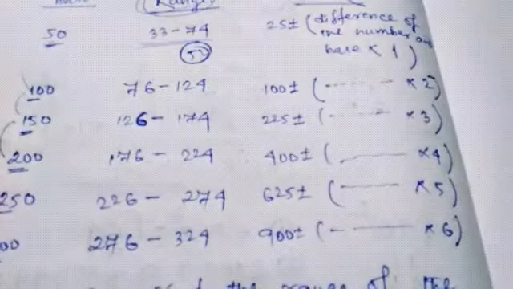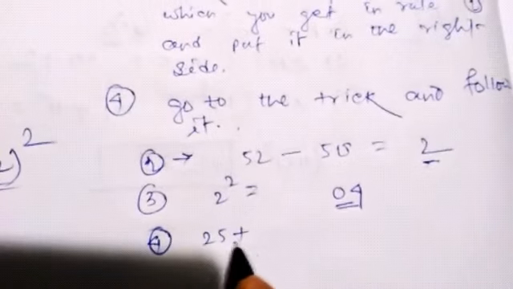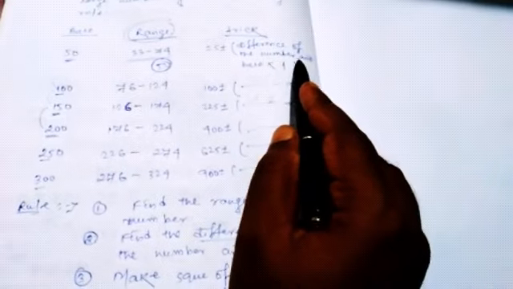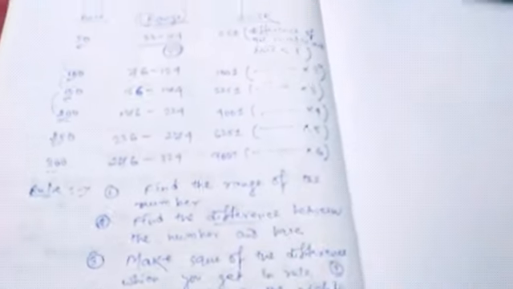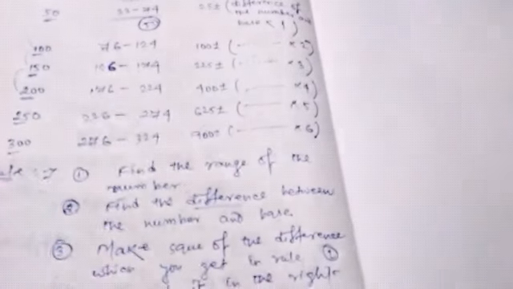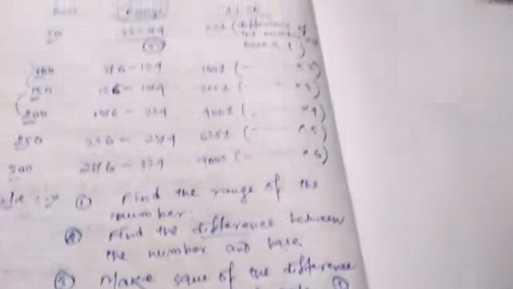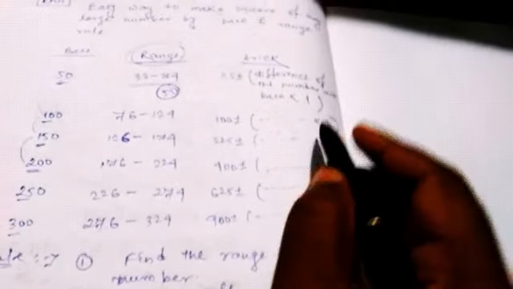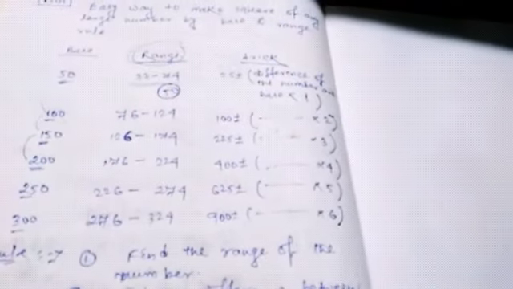So it should be 25 plus minus the difference of the number and the base, that is 2, into 1.